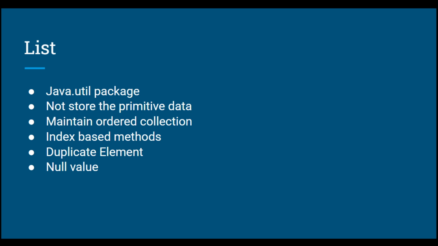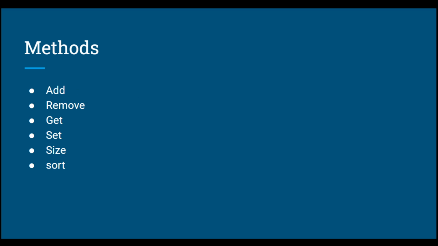And there are different methods present in the list. List is an interface, so we don't have control over things like updating the name. We have to use the inbuilt methods for adding and removing. The first one is add, then the second one is remove. As the name suggests, add means adding an element to the list, and remove means removing an element.